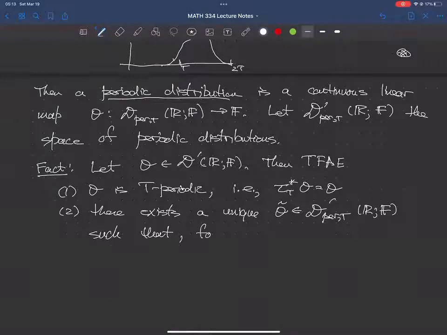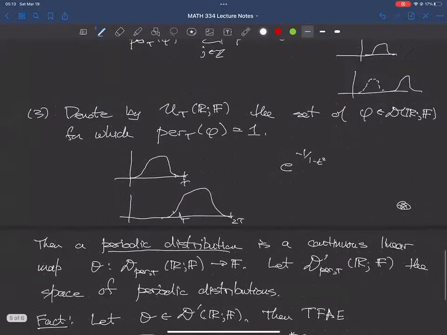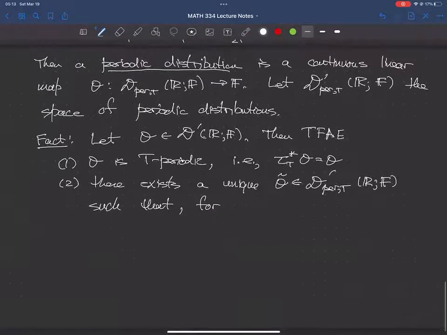so you need to take a periodic test signal and convert it into something in D. And the way you do that is you multiply by one of these things in U T. Okay. Such that for any, let's call it mu in U T R F. Okay, so remember that this is in D. All right.